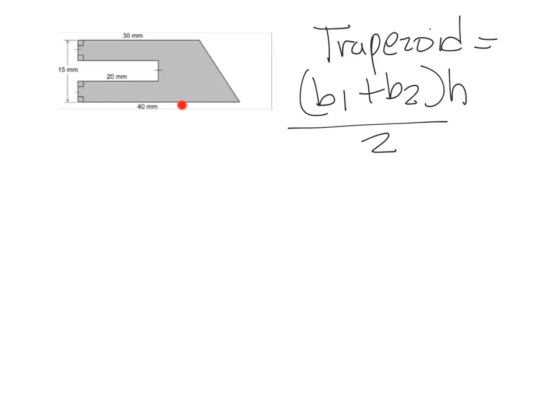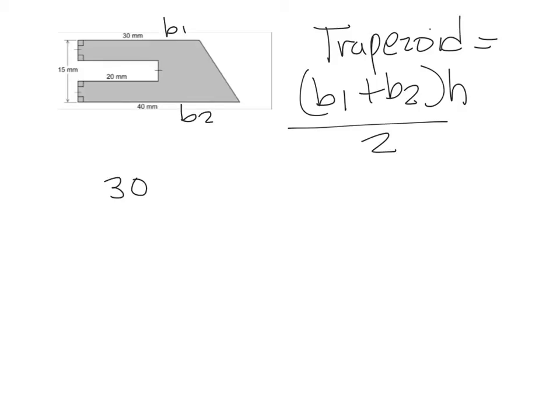I don't care if you call this base 1 or base 2. It's a base. And after we know the area of the whole figure, I'm going to subtract this rectangle. So let's see. I have the information of base 1. Let's call this base 1. Let's call this base 2.